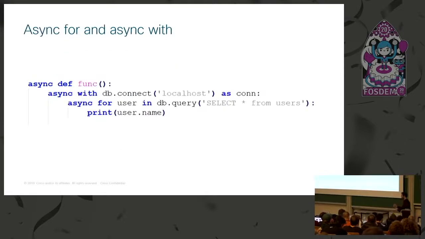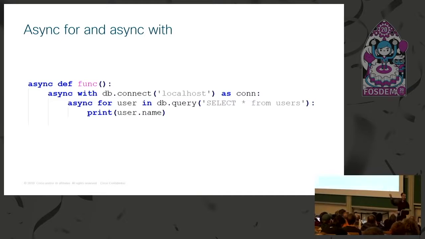Then there is also async with and async for, which are pretty nice. So the with block you probably know as a context manager. That's code that you execute before and after the block, very typically used for establishing a connection and closing the connection, or allocating resources and releasing resources. So that's what a with block is doing.